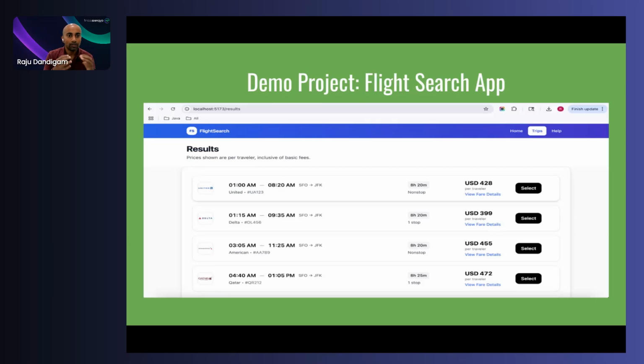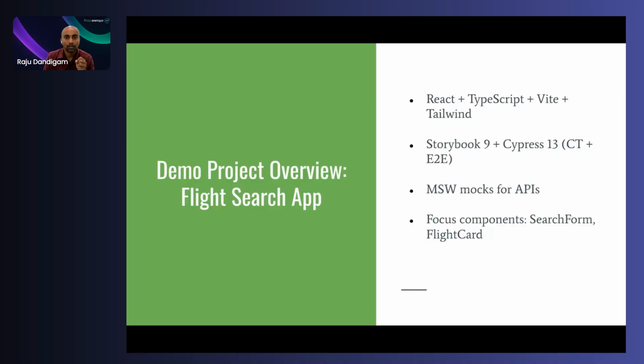A user can select any flight card, and it lands on the checkout page. It uses standard Tailwind CSS and Mock Service Worker, and I combined Storybook and Cypress testing. This is a simplified but realistic version of a booking app.